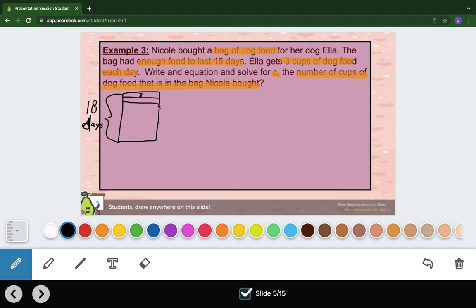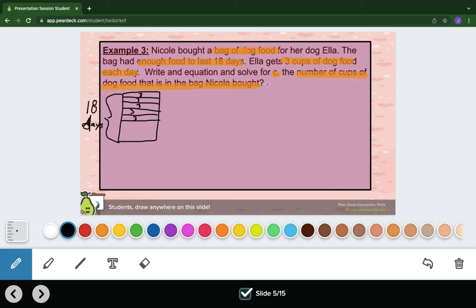The second day, I'm also going to give her 3 cups. The third day, 3 cups. So see what I'm doing to my dog food? Each and every time, I'm splitting it to where I get 3, and I can only split it 18 times.